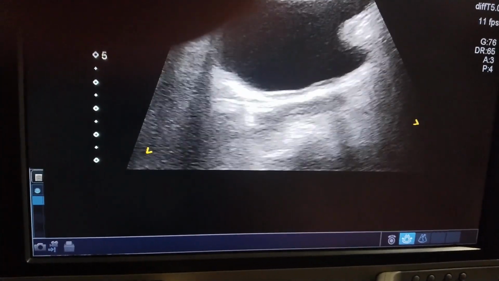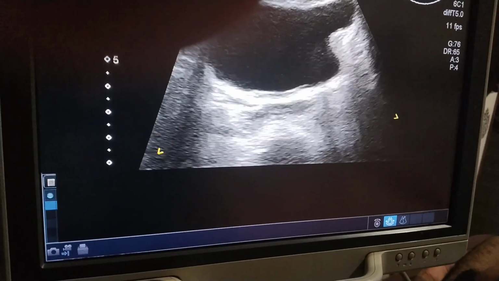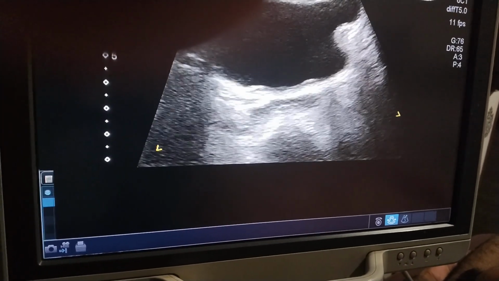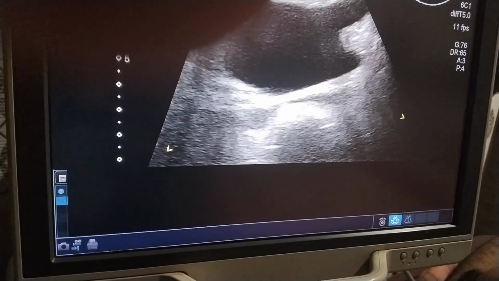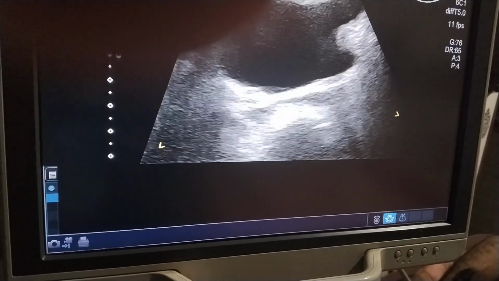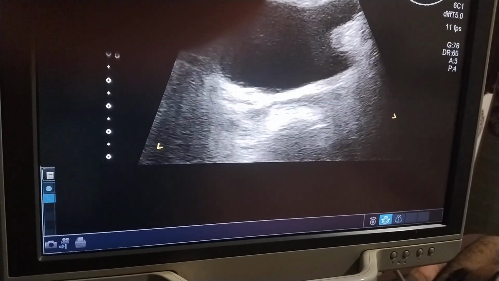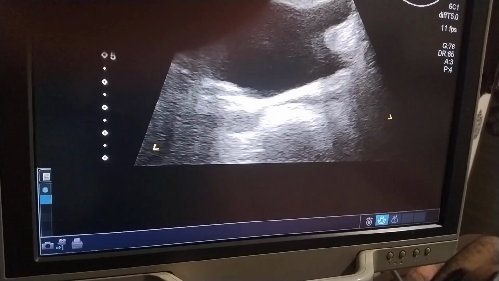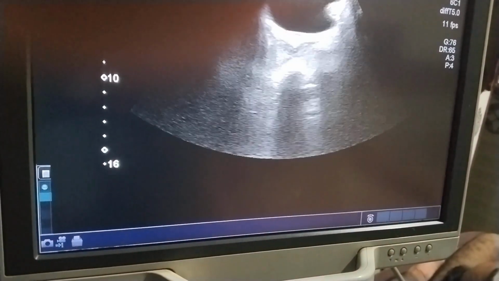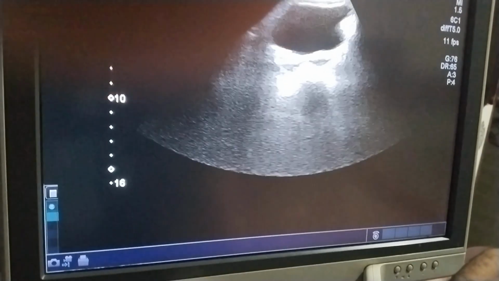Whenever we evaluate the urinary bladder, we should measure the pre-void and post-void urinary volume. And also, when we scan the urinary bladder, we should also see the ureteric jet.